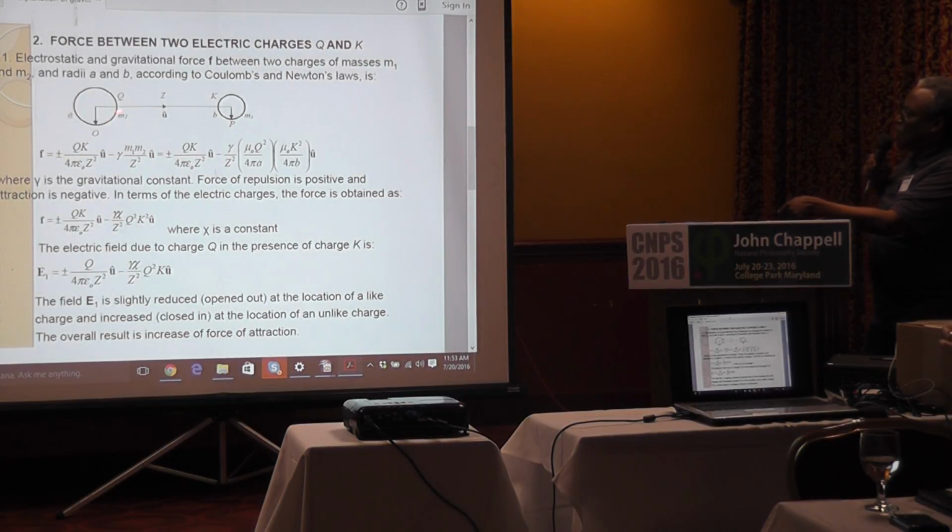If this is a positive charge and this is another positive charge, like charges, the field from the charge Q, we can assume on interacting with the charge K opens out a little bit, thereby reducing the force of repulsion between the charges.